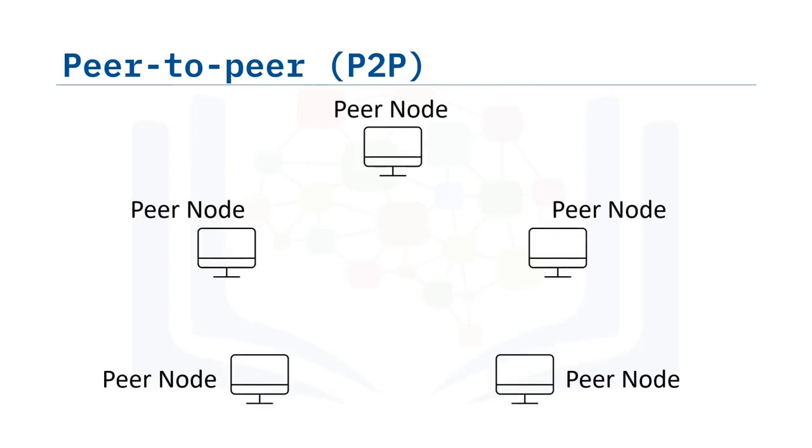The peer-to-peer architecture, or P2P for short, consists of a decentralized network of nodes that are both clients and servers. The workload is partitioned among these nodes. Peers make a portion of their resources directly available to other network participants without the need for central coordination by servers.